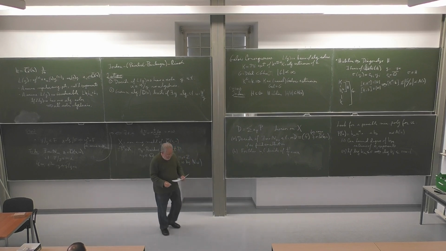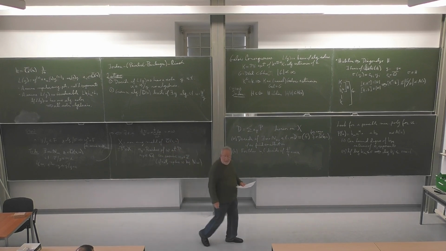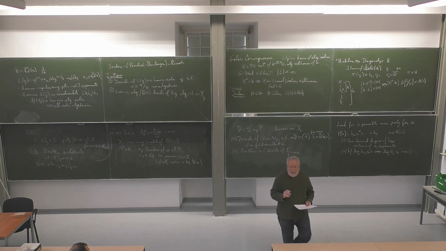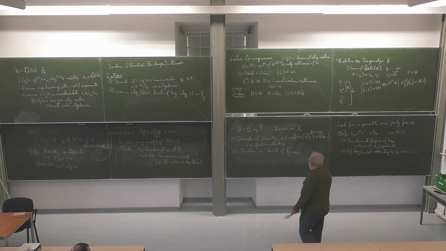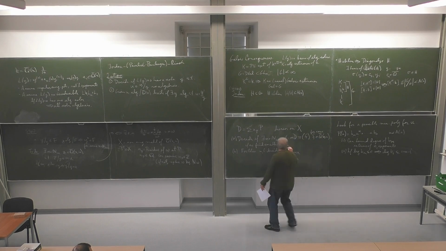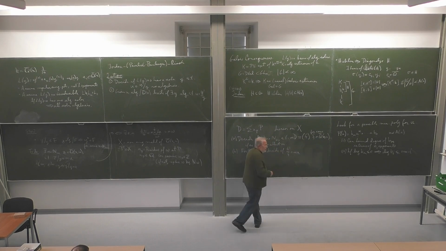So I claim that's all I need to do. If the answer is no here, I stop. If the answer is yes, I produce f for this m. Any two such f's will differ by a constant multiple, so that doesn't affect this, but I still have to decide this.